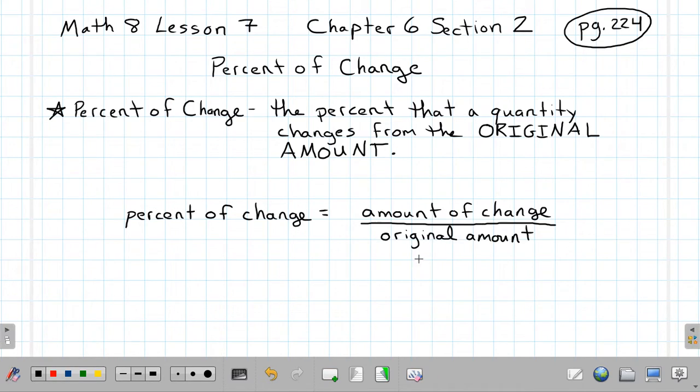Now, in terms of what that amount's going to be, it should be very clear from the question you're being asked, but if you pay attention during the examples I go over here, finding the original amount's actually really easy.